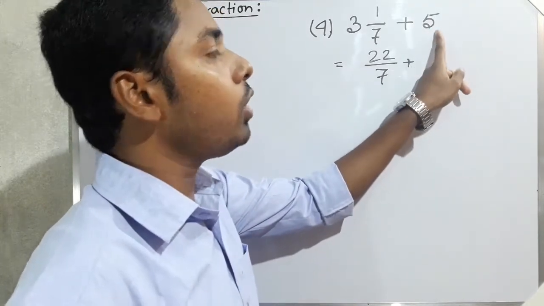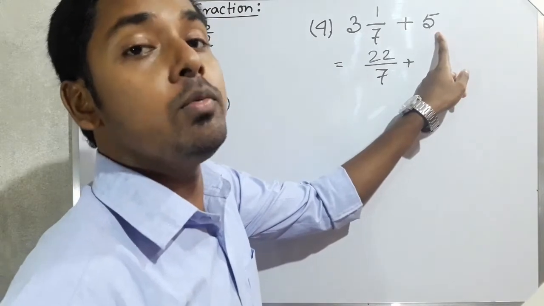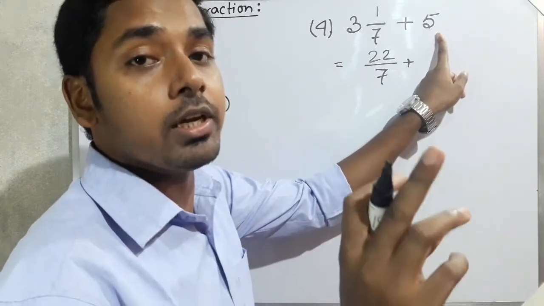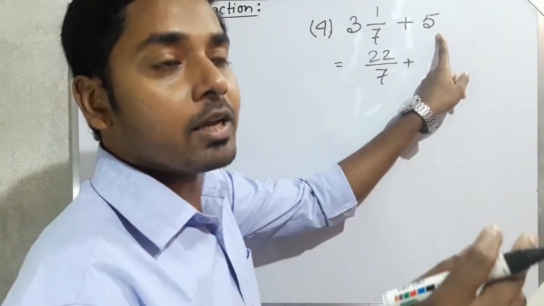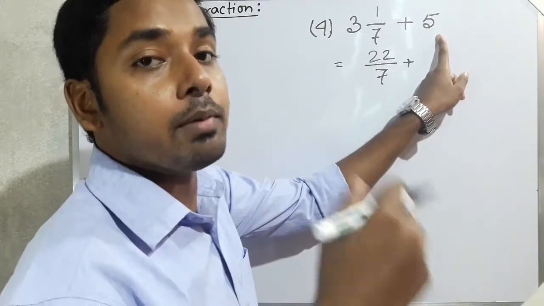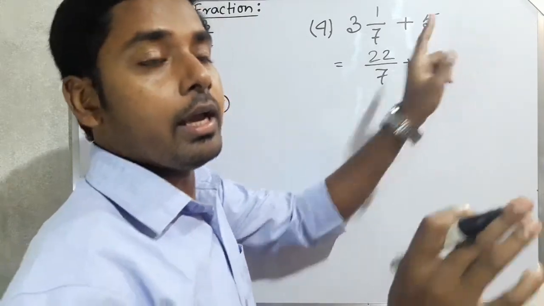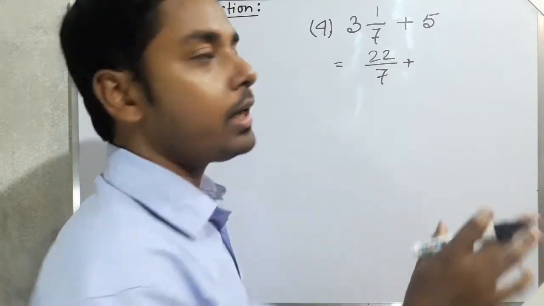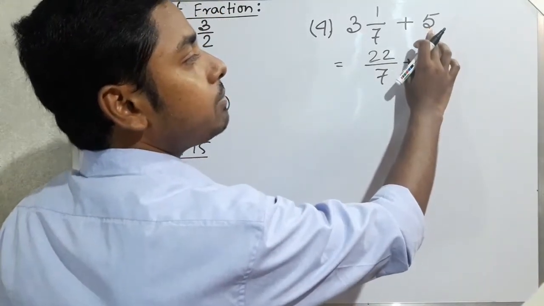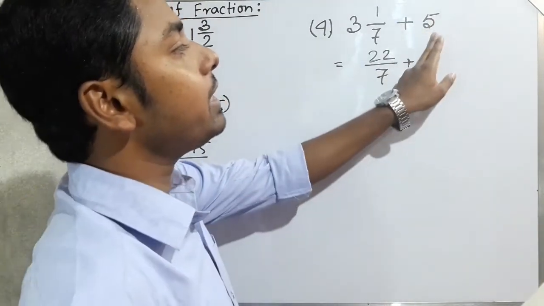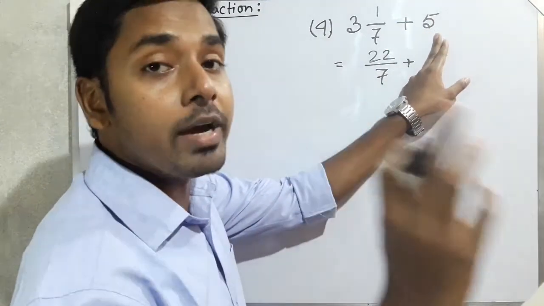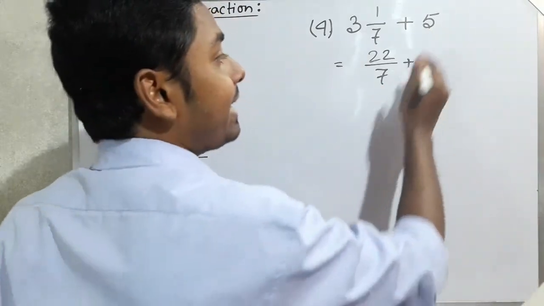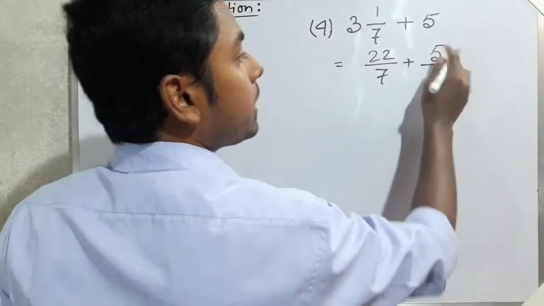This type of whole number you have to take as numerator at the time of addition, multiplication, subtraction, and division also. Whenever you get a single number, you have to take it as the numerator of the fraction.